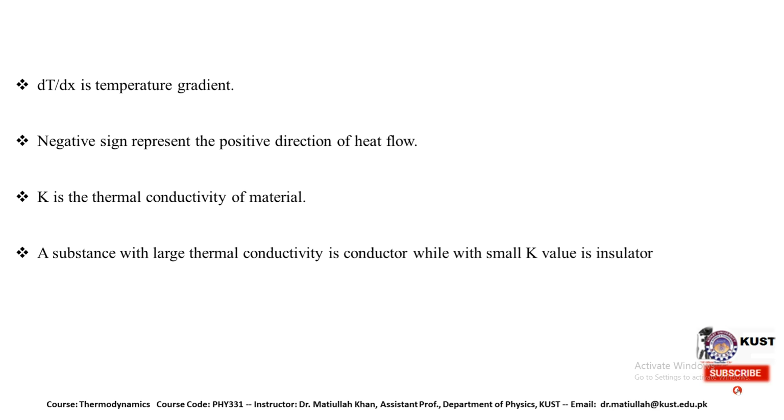If it has a higher value of thermal conductivity, we can consider such a material to be a conductor. But if it has a low value of thermal conductivity, we can consider such a material to be an insulator. So normally we have a large value of thermal conductivity for a conductor and a small value of thermal conductivity for an insulator.